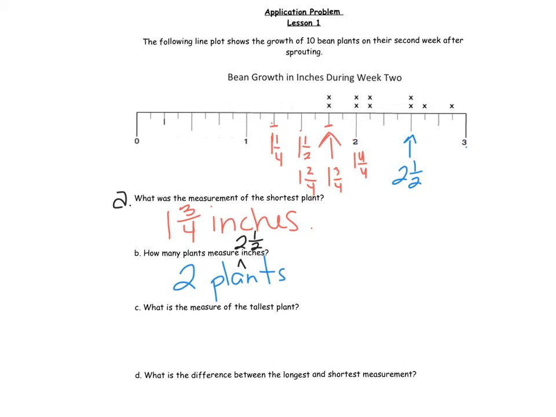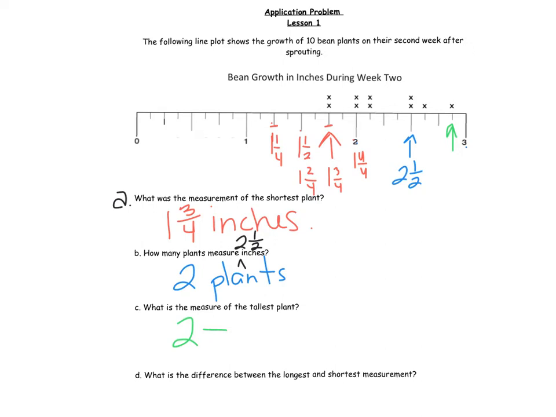Letter C, what is the measure of the tallest plant? Well, the tallest plant is going to be closest to the right end. So that's going to be this plant. So it's 1 spot away from 3 inches. So I know it's going to be 2 inches and some fraction. So it's the smaller piece.